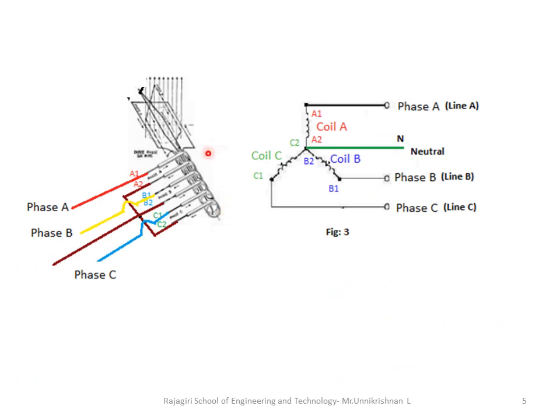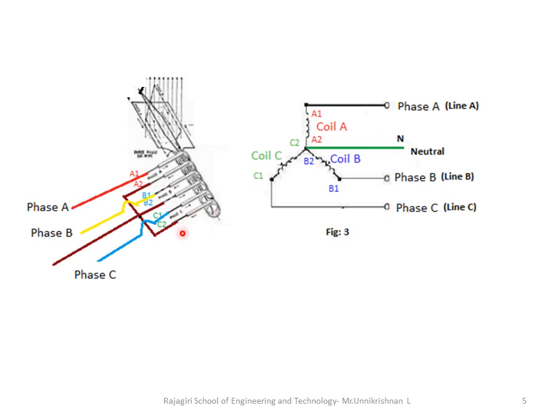You can connect the output of these 6 slip rings in 2 ways. The first one is a star connected system and the second one is a delta connected system. So please remember, we can connect the output of the slip rings in 2 formats: first a star connection and second a delta connection.